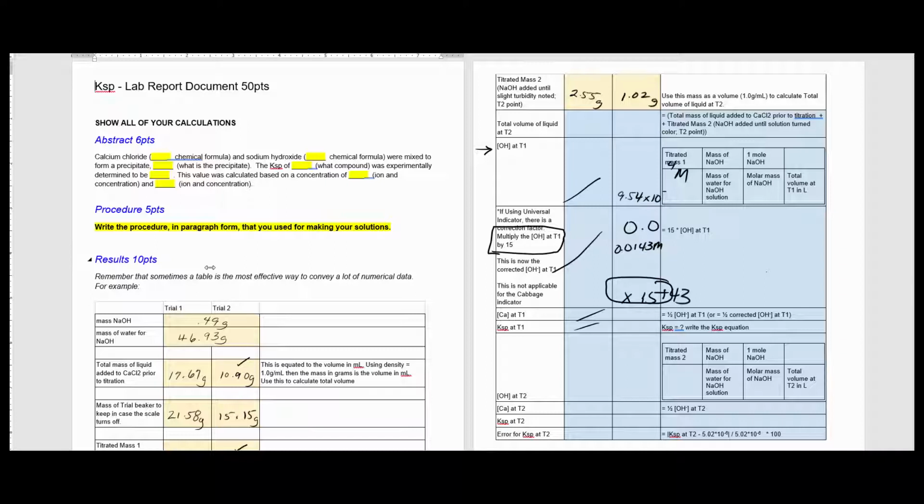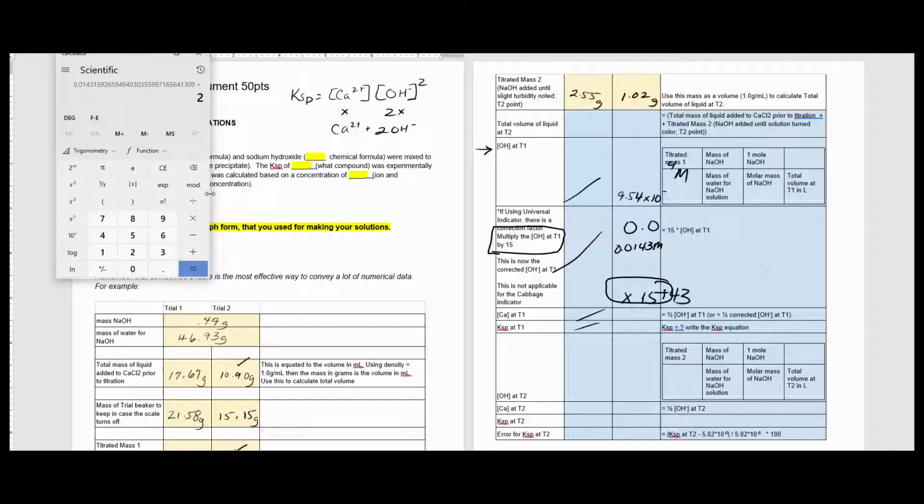Now the concentration of my calcium. Remember, the relationship for the Ksp is that the concentration of the calcium times the concentration of the hydroxide squared, because we make 2 OHs there. Because of the stoichiometry, the concentration of the calcium is half that of the hydroxide. So I take this value of hydroxide and simply divide it by 2.